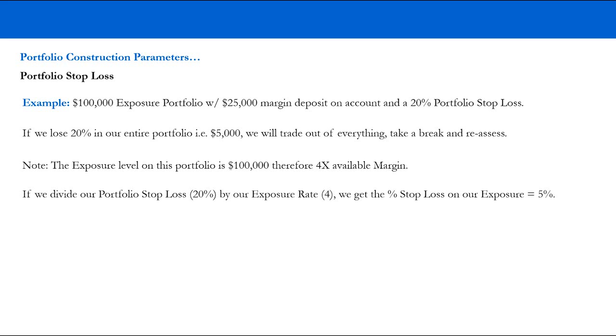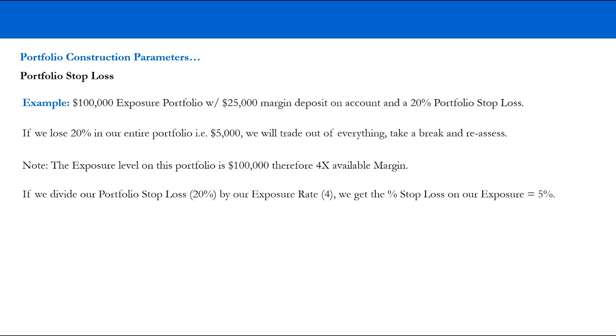And the principle that we want to stick to here at each step that we go through is that the portfolio stop loss that we stick on our portfolio is basically protecting the money that we've made in each step.